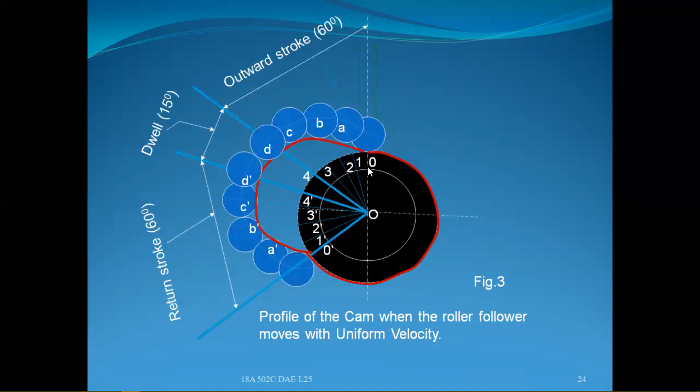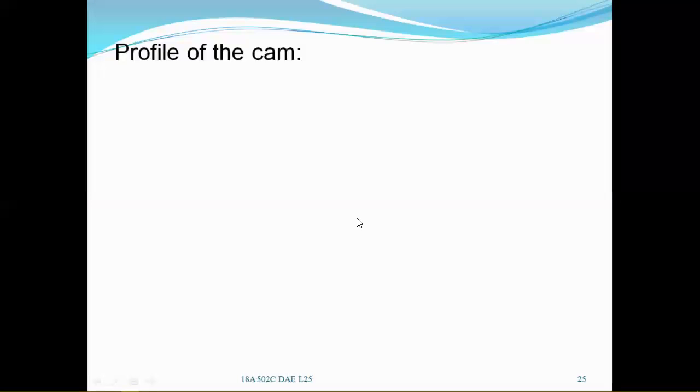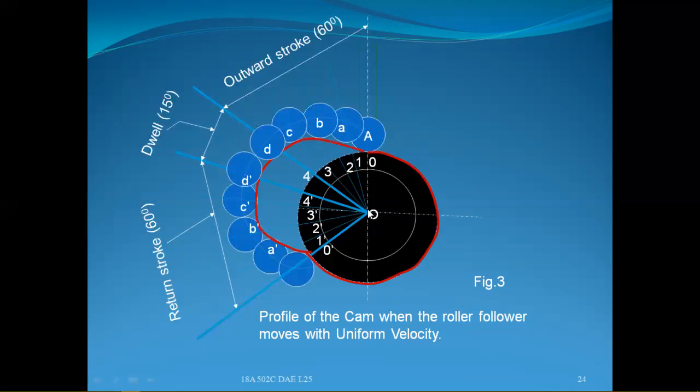So friends, if you see here in this case, this point is the cam center. This is the roller follower, sorry. And this point, the center of the roller, is the trace point. And this curve drawn through this line is the pitch curve.